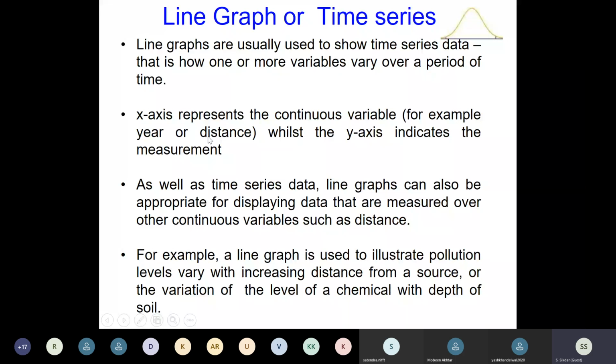In the y-axis, the measurement. Instead of a bar chart, if you want to take just one point, if I say the number of rhinos was 220 this year and in the next year it was like this, so in 1 year the change is this much, I can say from 220 to, let's say, 180.